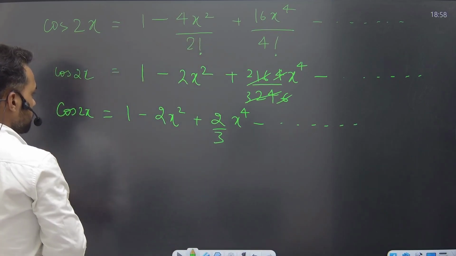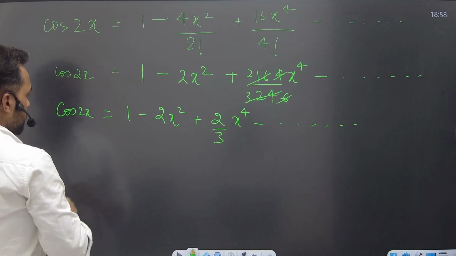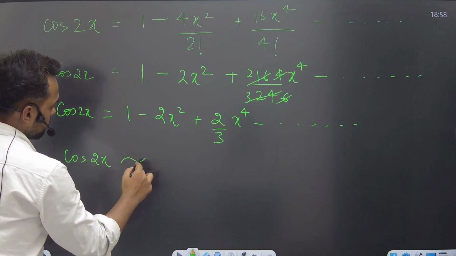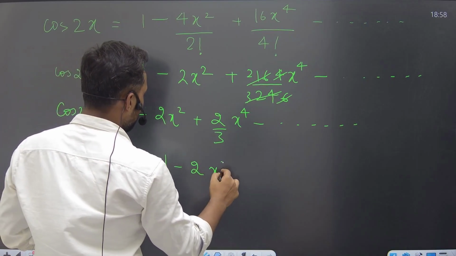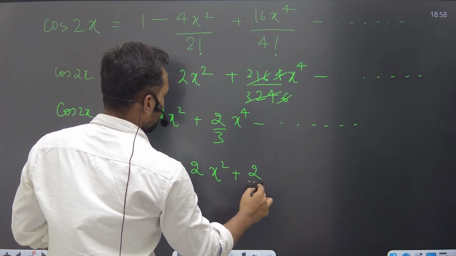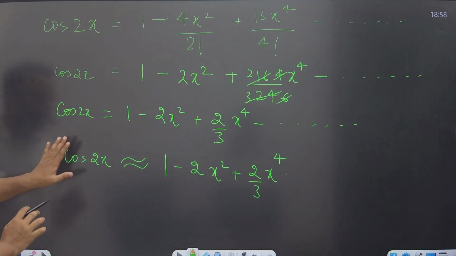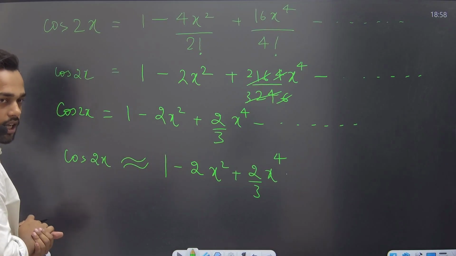Now I will neglect the higher powers of x, so we can say that cos 2x could be written as 1 minus 2x square plus 2 by 3 x power 4. Okay, this is the case of approximation. So this is how I will be writing it.